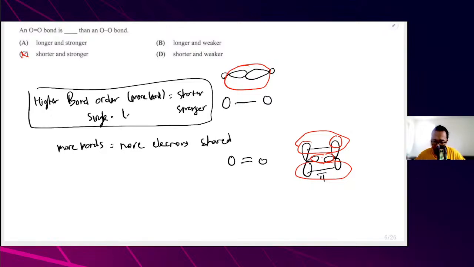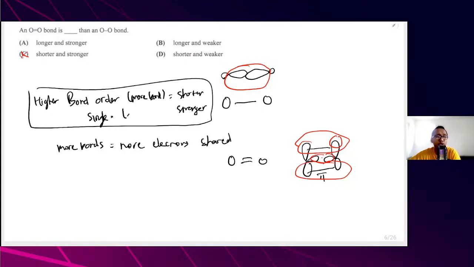If we have more electrons, the nuclei are pulled closer together, like they shrink together. It takes more energy to break a double bond than a single bond, because we need to separate many more electrons. Atoms are placed physically closer with more shared electron pairs.